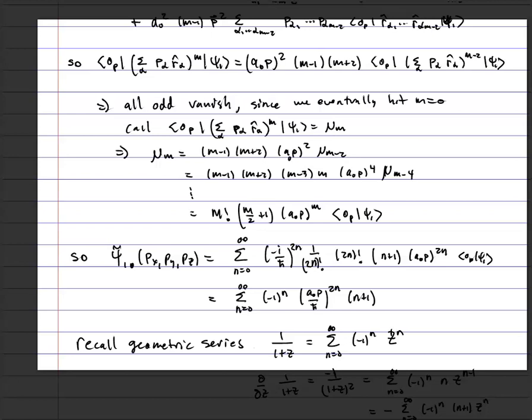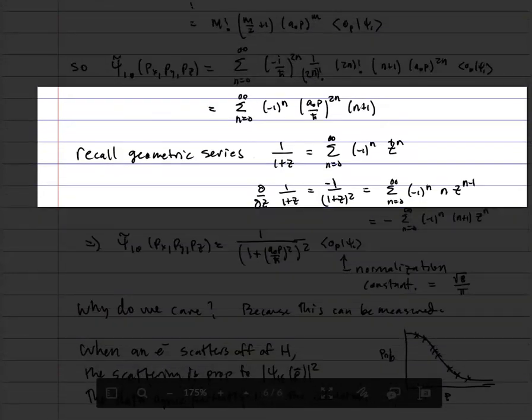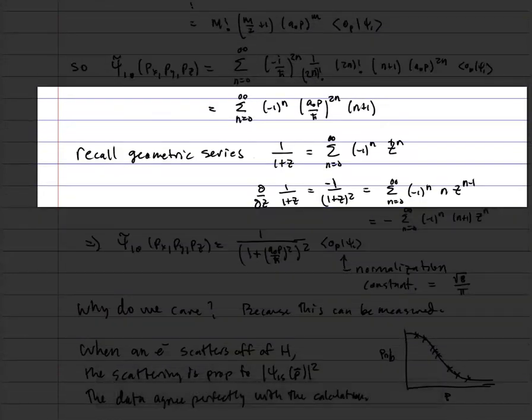Now, what happens if I take a derivative of that geometric series? If I take a derivative of the geometric series, I'll get minus 1 over 1 plus z quantity squared on the left-hand side. On the right-hand side, I pull down a factor of n times the z to the n minus 1. I can drop the term with n equals 0 because there's an n coefficient. So that summation goes from n equals 1 to infinity.